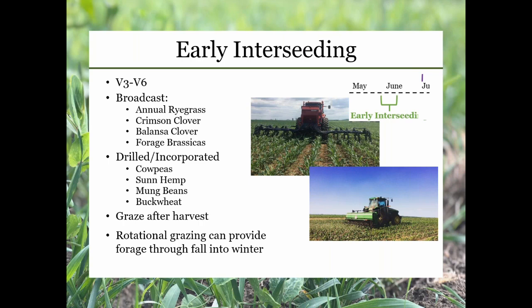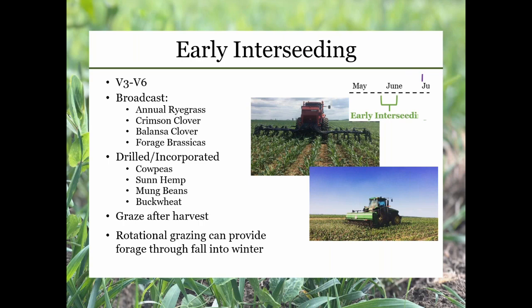You can see the pictures there. The one is actually the Dawn interseeding units on a toolbar. And then another option that people have been using is taking a Great Plains drill and literally picking up the drill unit that's in the row, fairly easy to do, and then just drilling the seed in.